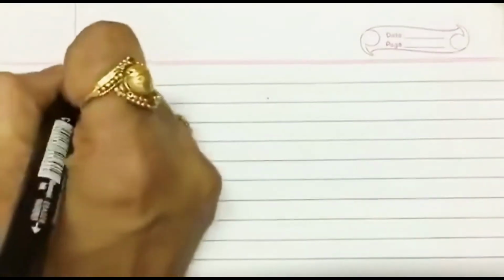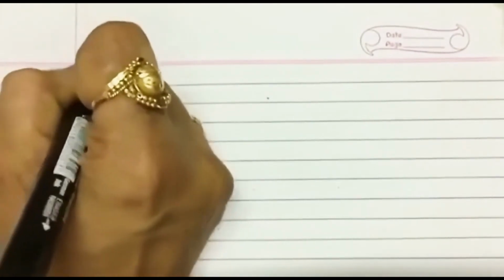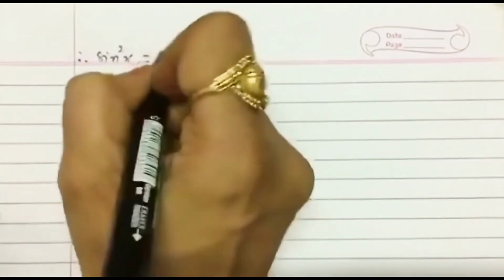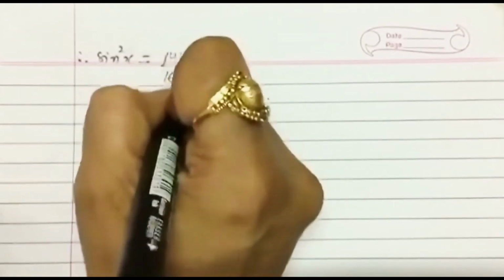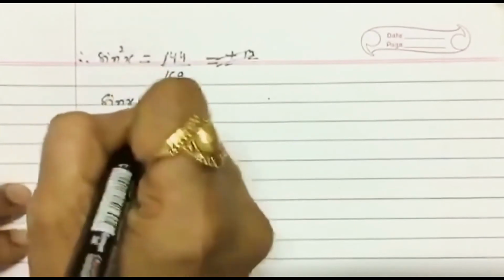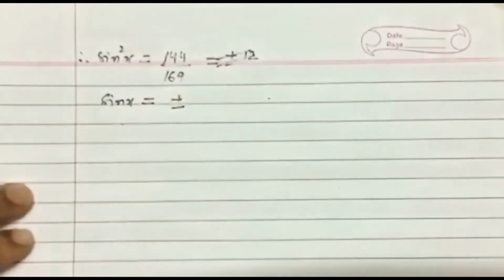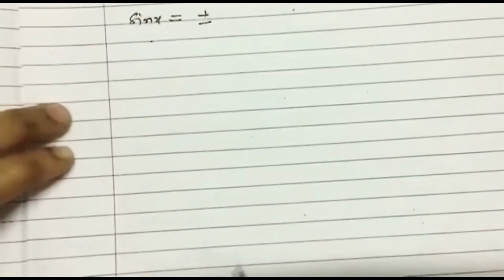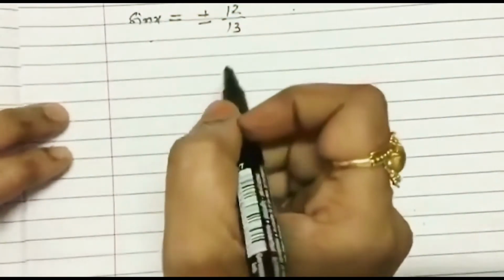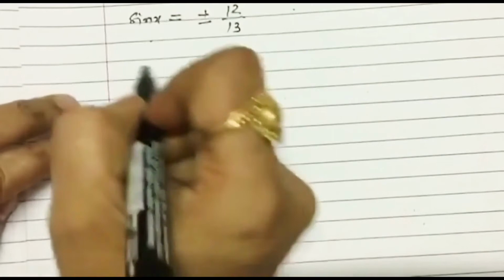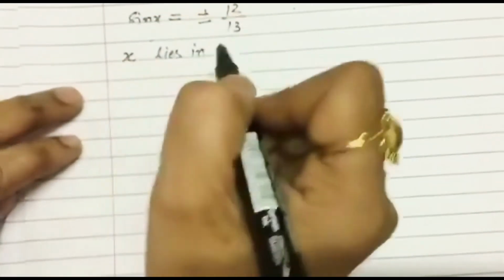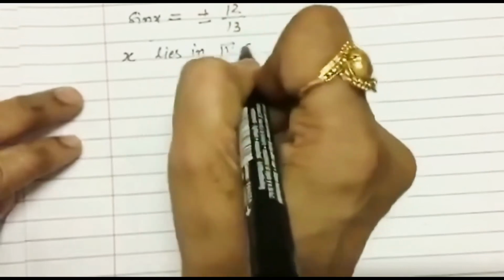Here sin square x is equal to 144 by 169. So sin x is equal to plus minus 12 by 13.